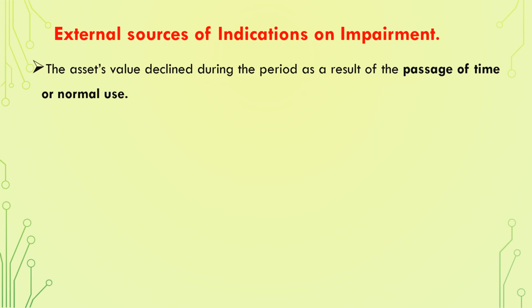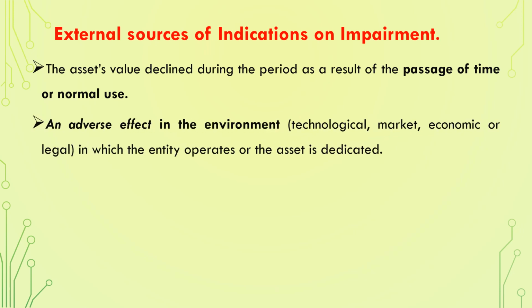Firstly, the asset's value may decline during the period as a result of passage of time or normal use. Then, there may be an adverse effect in the environment. It can be technological, market, economic, or legal, in which the entity operates or the asset is dedicated.